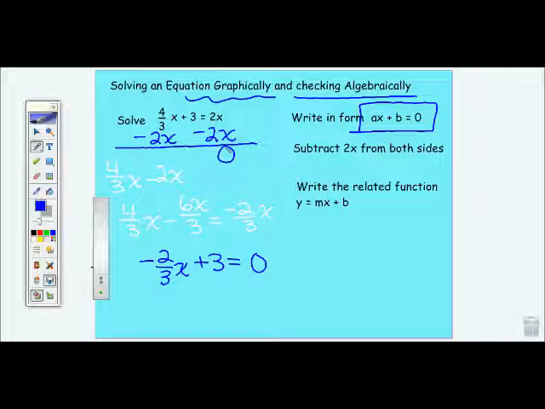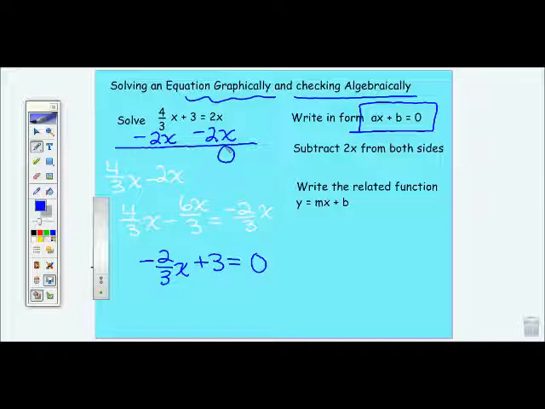Okay, when I do that, I have that in the ax plus b equals 0 form. Now, when I want to graph it, however, I need it to get into the y equals mx plus b form. So I need to, for that part of it, set that equal to 0.